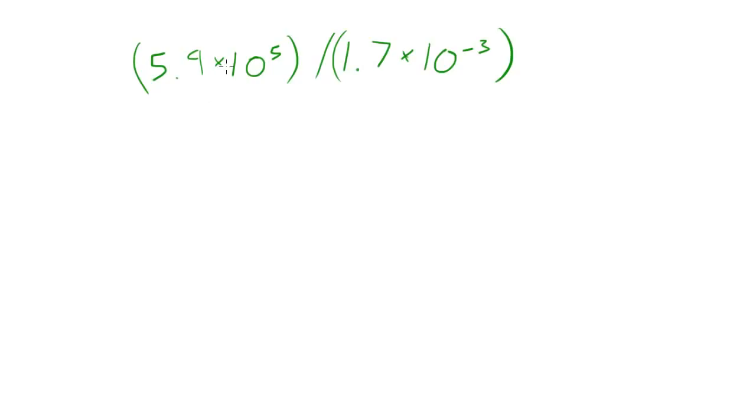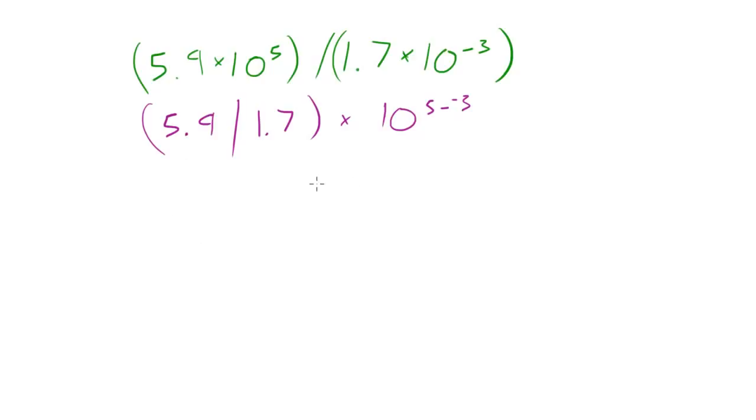So 5.9 times 10 to the fifth divided by 1.7 times 10 to the negative 3. So 5.9 divided by 1.7, and we're going to multiply that by 10, and I'm just going to do the shortcut right now. 5 minus negative 3, which is pretty much 5 plus 3.